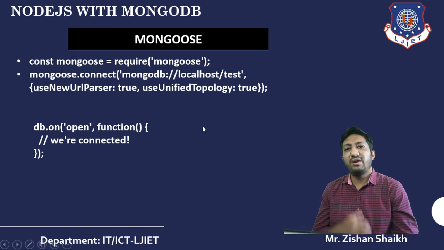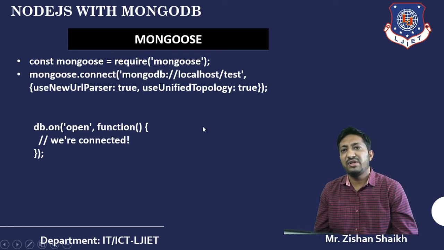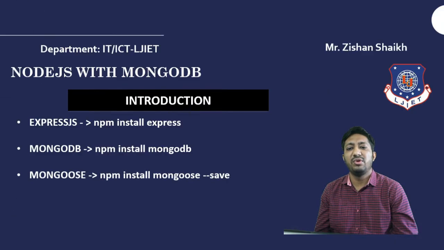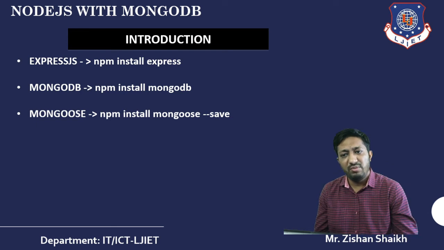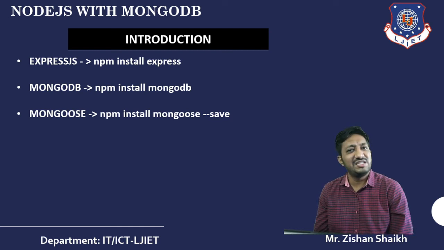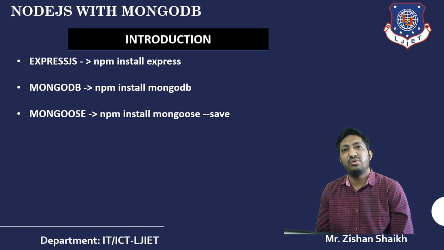Now if we are talking about the implementation portion, we are using Visual Studio Code here. In Visual Studio Code you have to install three basic things before implementing. First you have to install npm, then you have to create your package.json file using npm init. That is a basic thing. After that you have to install your npm packages.